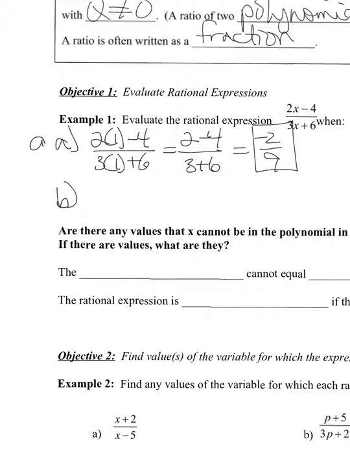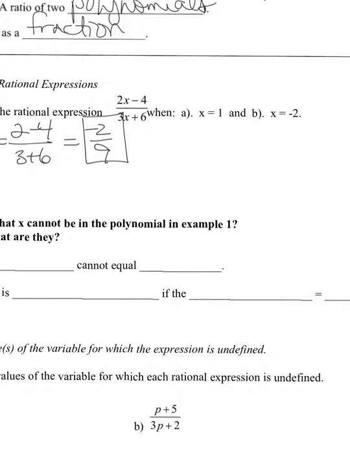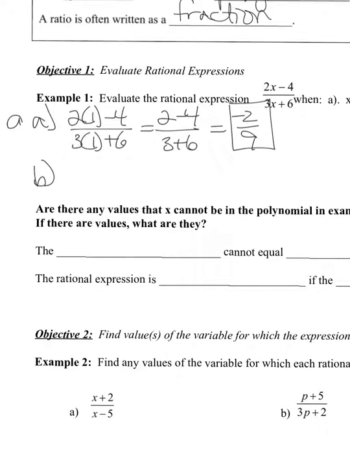In part B, we're looking at when x equals -2. So I'm going to go back and plug in -2 for x. That will give me 2 times -2 minus 4 in the numerator, 3 times -2 plus 6 in the denominator.